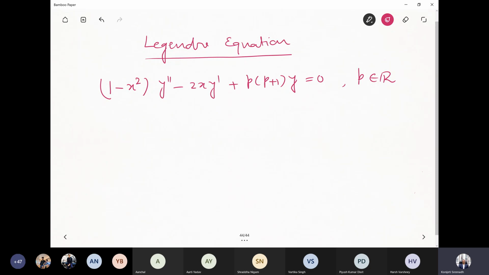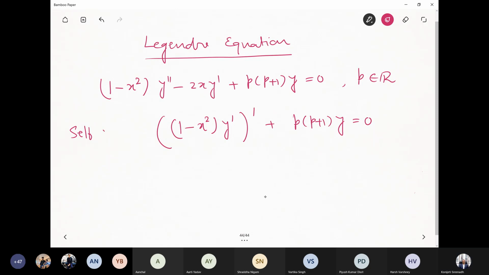You see that this equation can also be written in this form. I will use it later. This is the form which is called the self-adjoint form also.